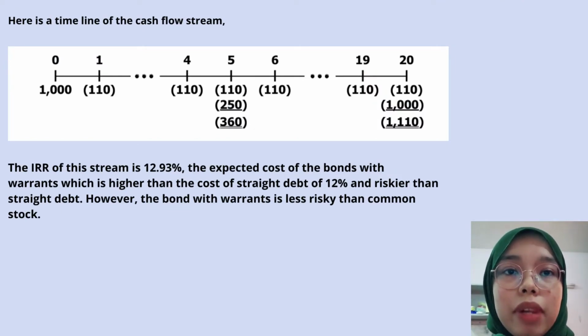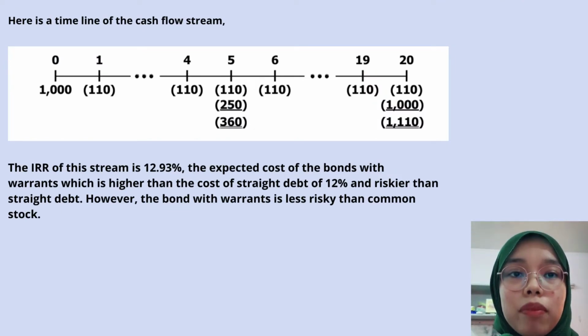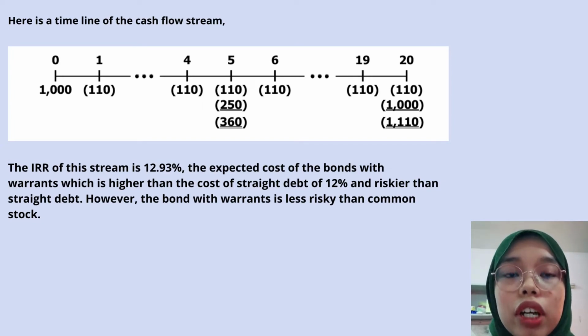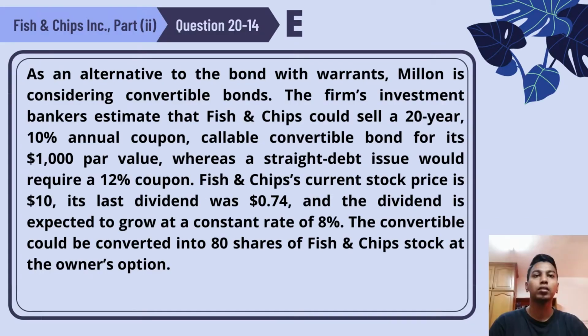Here is a timeline of the cash flow stream. Using a financial calculator, the internal rate of return of this stream is 12.93%. The expected cost of the bond with warrants is higher than the cost of straight debt of 12% and riskier than straight debt. However, the bond with warrants is less risky than common stock.